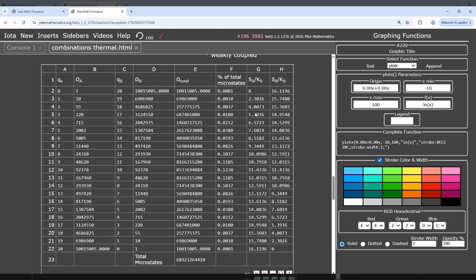But until you get to about this state, when you get to where there's 10 units in each, the net gain in entropy is positive as energy flows from solid A to solid B. But once you get past that, if energy were to still flow from B to A, the system would lose entropy. And this leads us to the second law of thermodynamics.